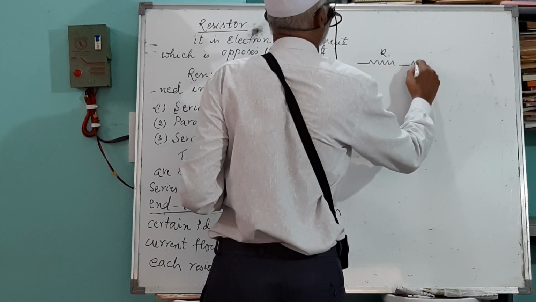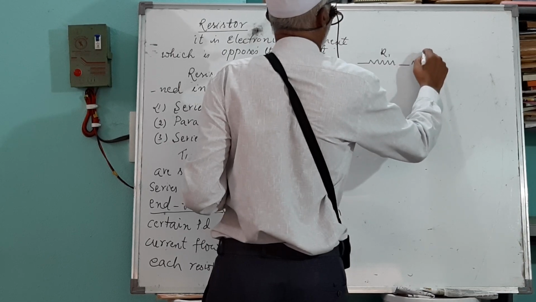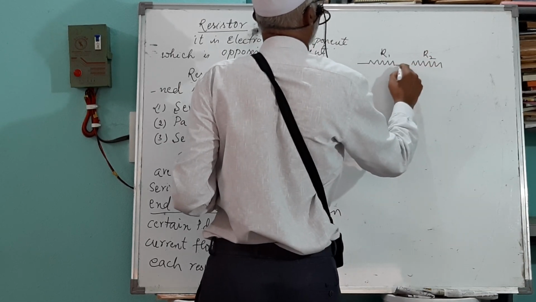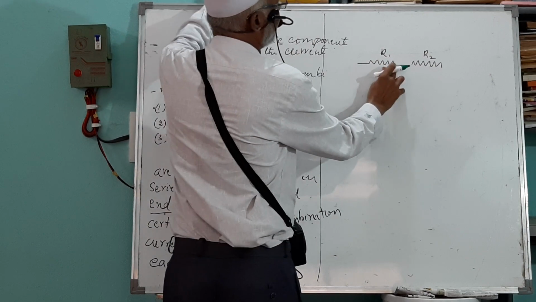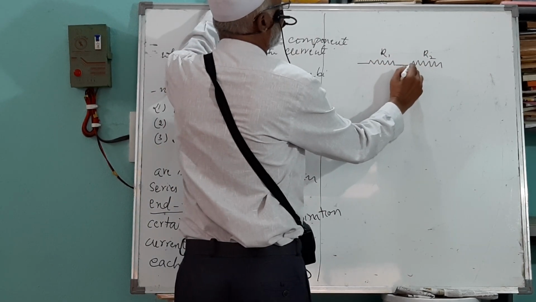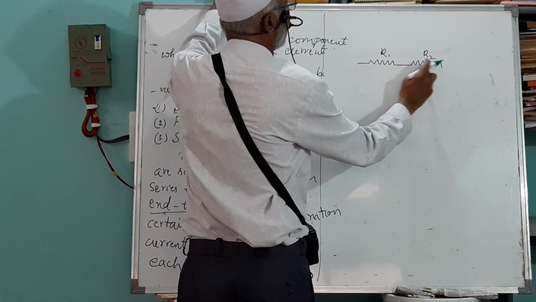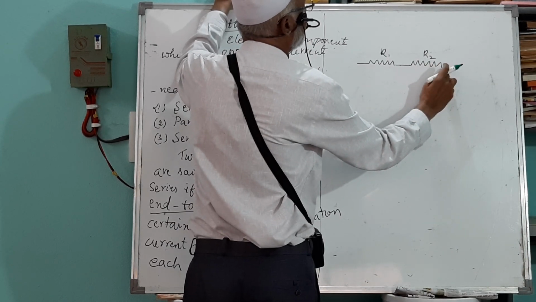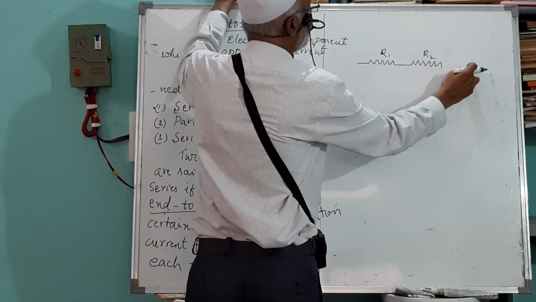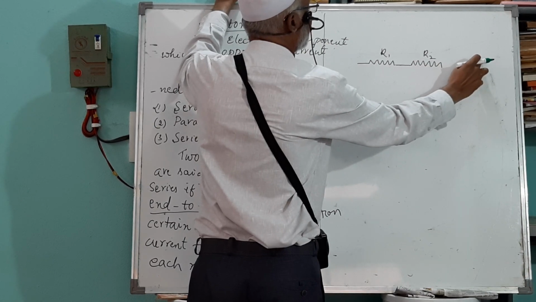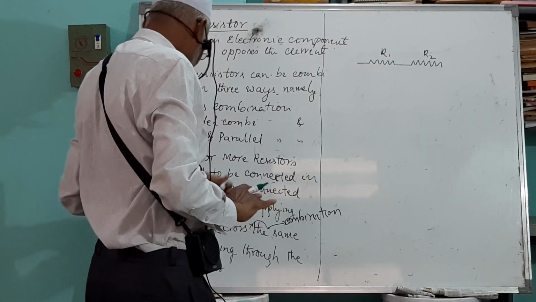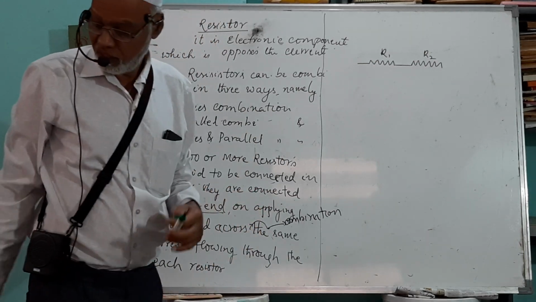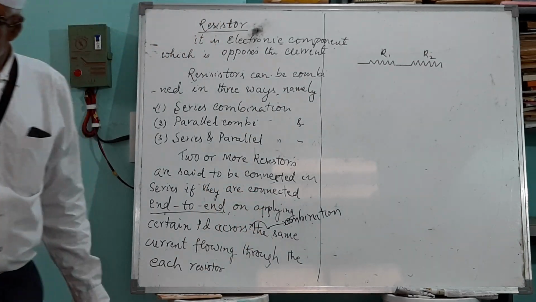Another resistor is R2. One end of the first resistor connects with the other end of the second resistor, end to end. If you consider one more resistor, the second end of the second resistor connects with the first end of the third resistor.